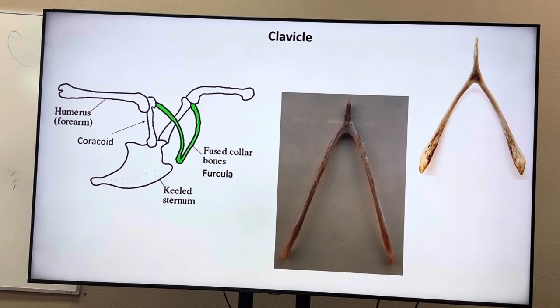So does this have any clinical significance apart from the wishbone, apart from making a wish? Helps during flight. Clinical significance, it breaks easily?